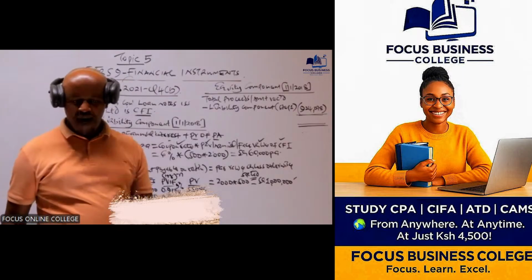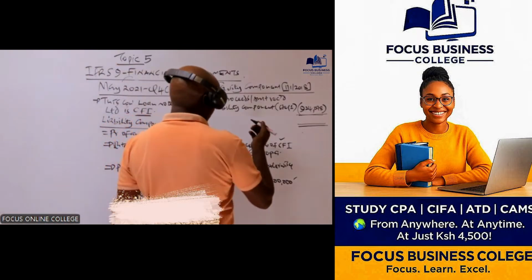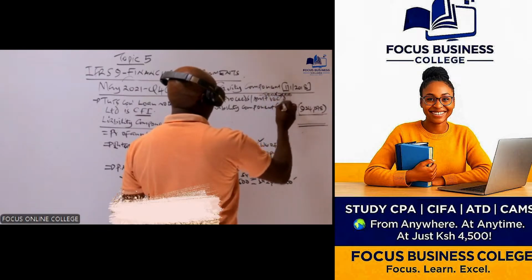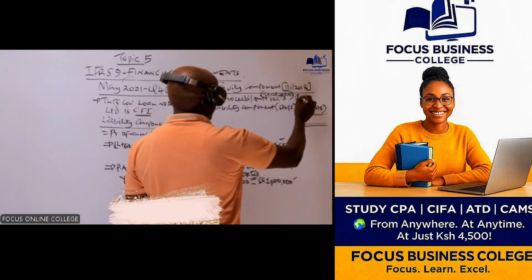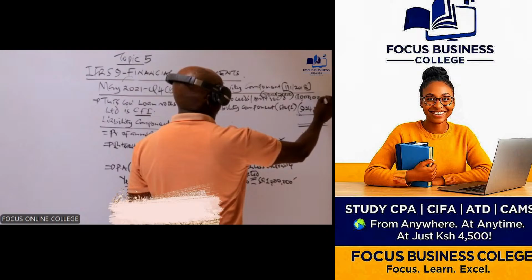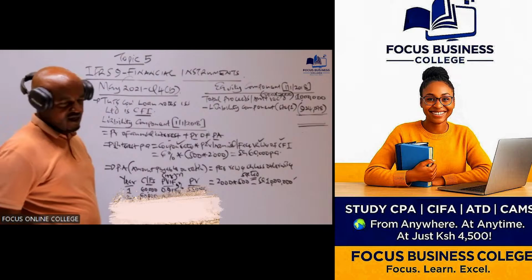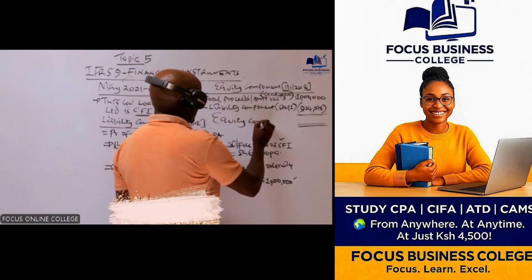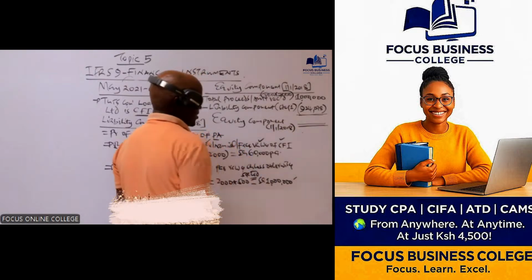So the amount received is 500 notes at a par value of 2,000 each, so the amount received was $1 million. We take 1 million minus the liability component. Whatever you get here is known as the equity component on 1st January 2018.